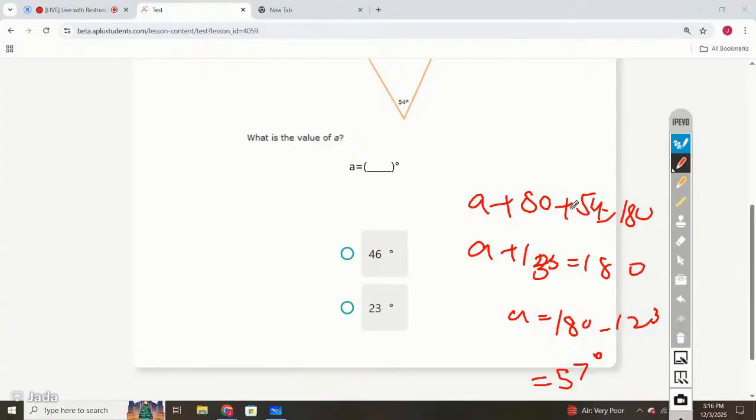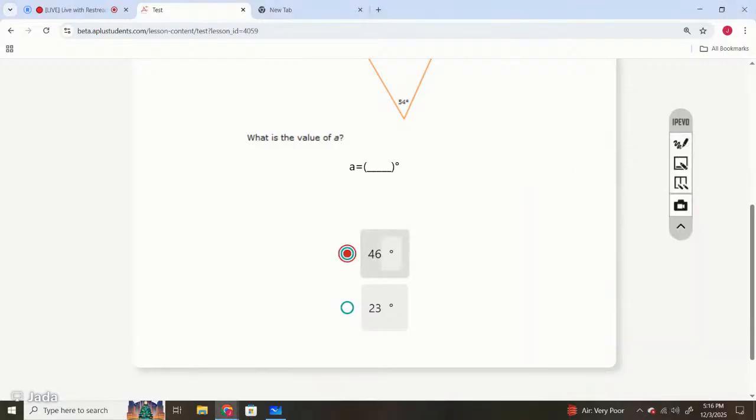The correct option is 46. Option number 1 is the correct option.